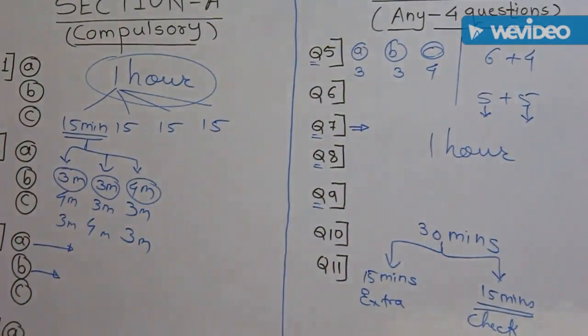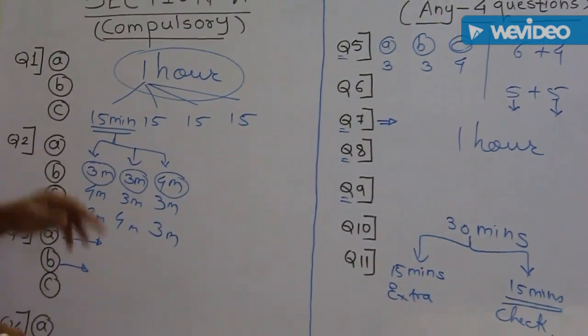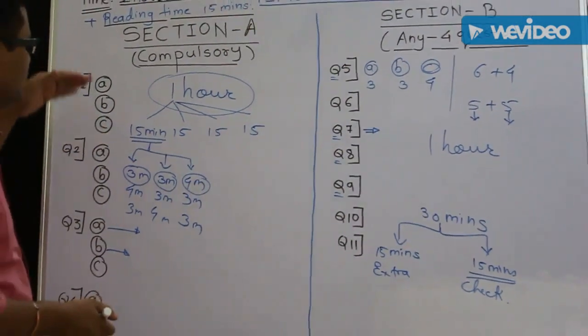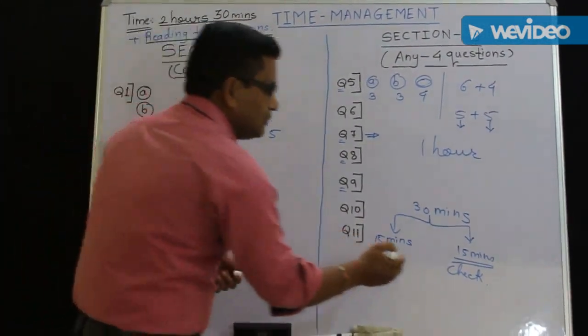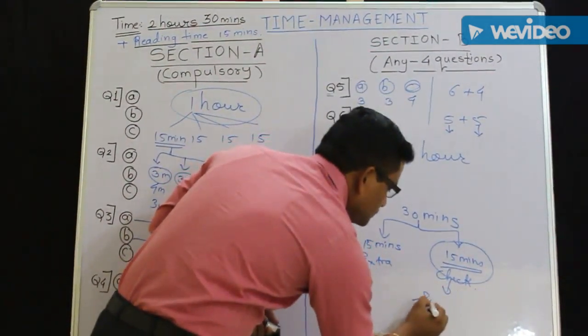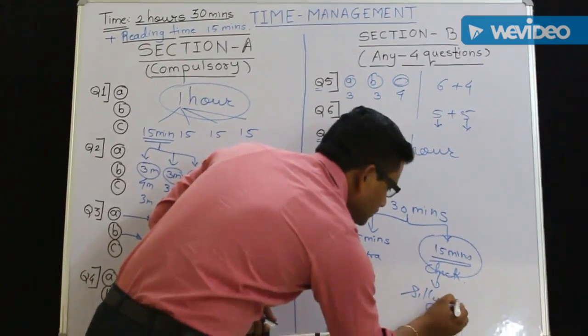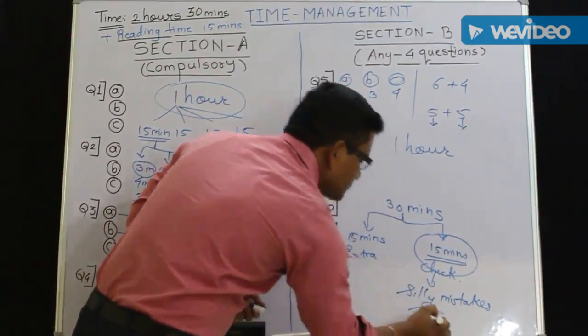You can check your paper thoroughly within this 15 minutes. Checking does not mean just looking at question 1 A, B, C, but going through each and every step, which will save you from silly mistakes and you can get marks in that.